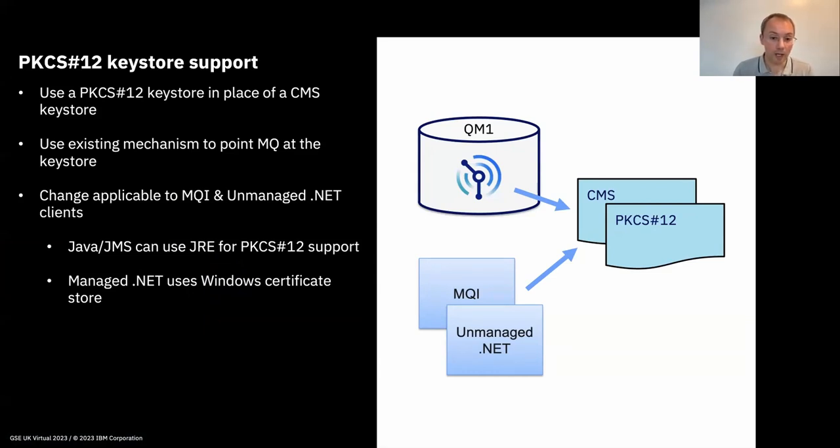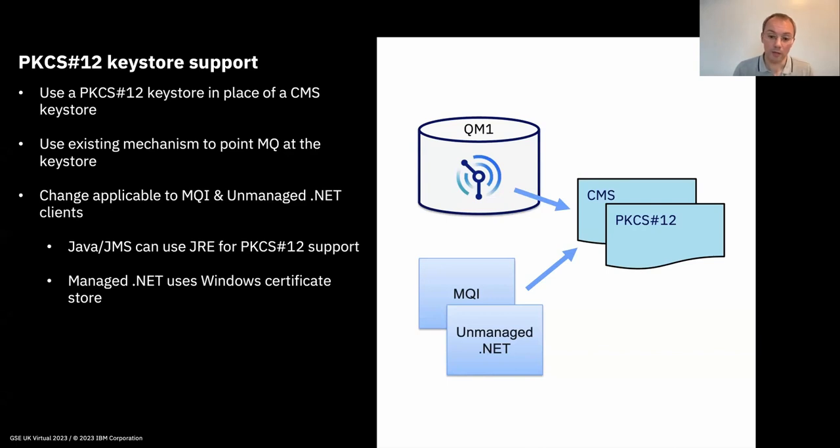In the 9.3 LTS release, we've added support for the PKCS 12 standard, and this opens up possibilities for you to use a wider range of industry tools to manipulate certificates. So you can now use this particular certificate format for your queue managers and your applications.